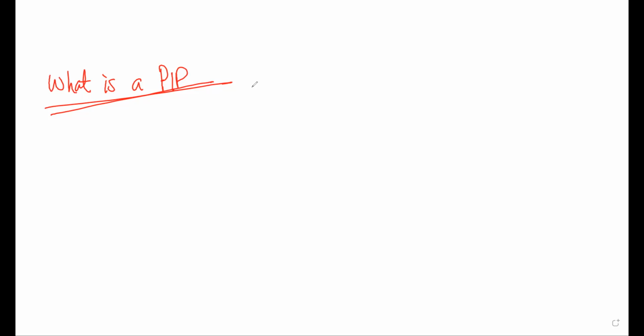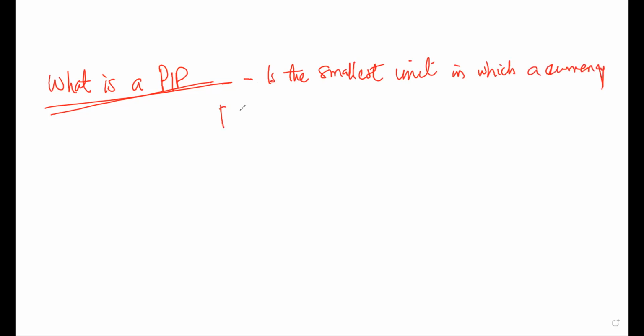A pip is actually the smallest unit in which a currency pair can change.